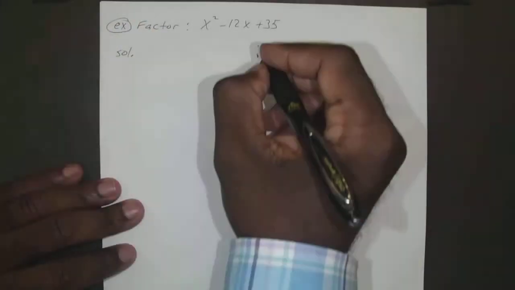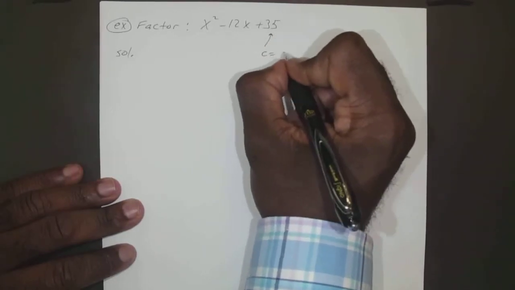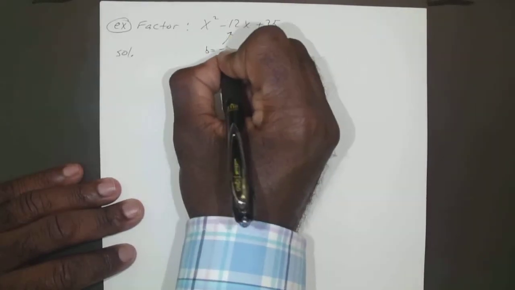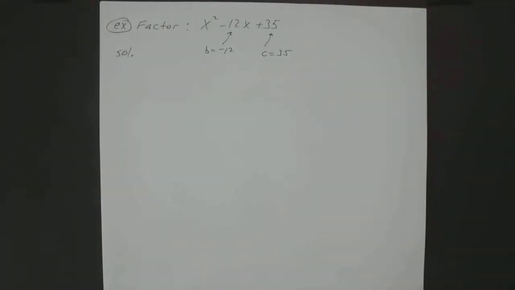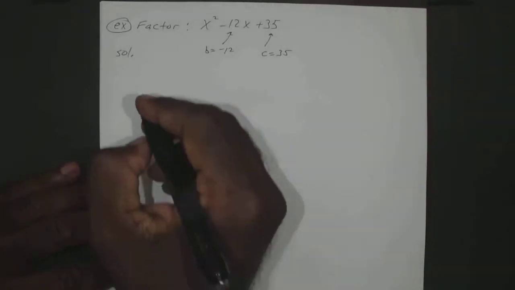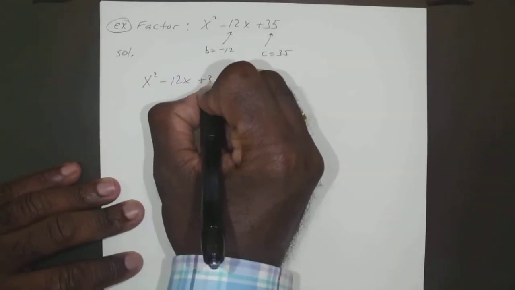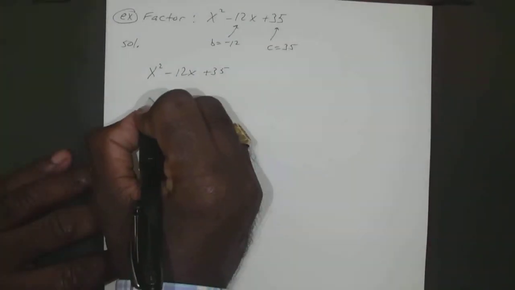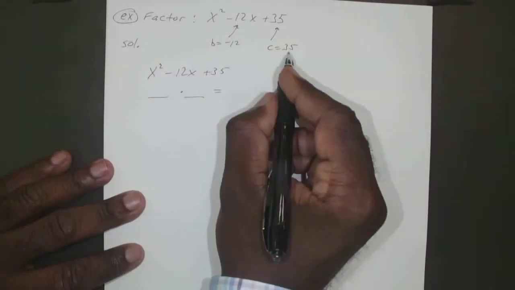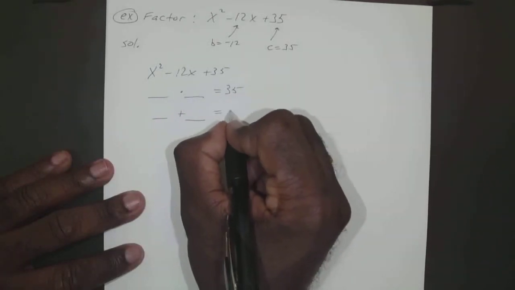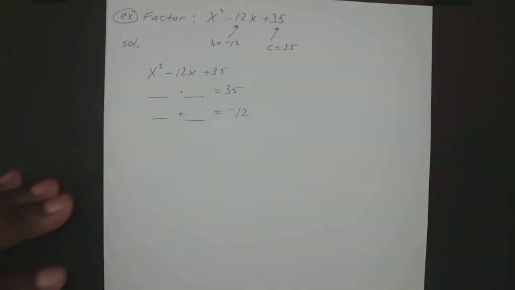Now in this case, we know that C is equal to 35, but B is equal to negative 12. Whenever you have that minus, that's going to be a negative number. So you're going to find two numbers that multiply to equal your C, and those same two numbers add to equal your B. Okay.